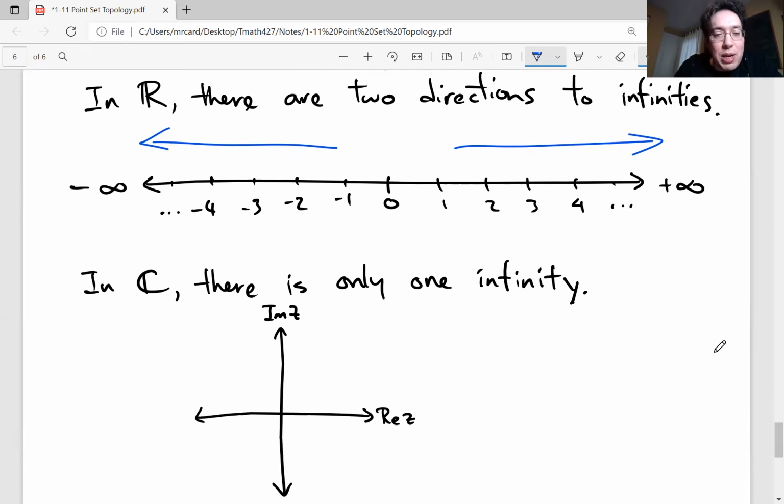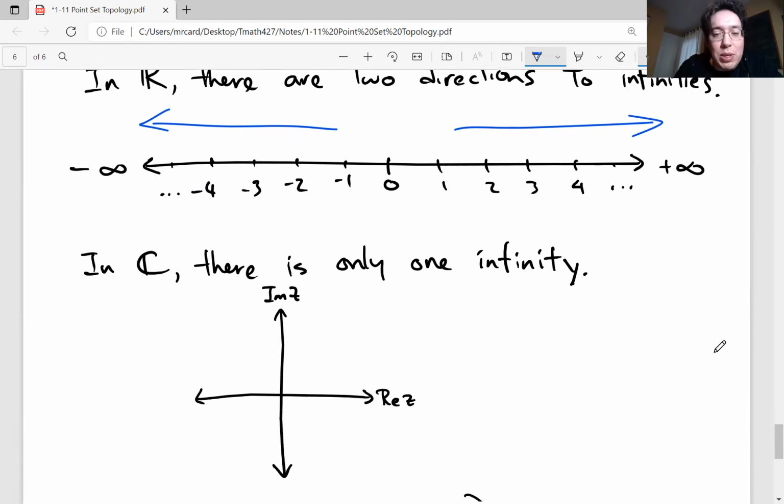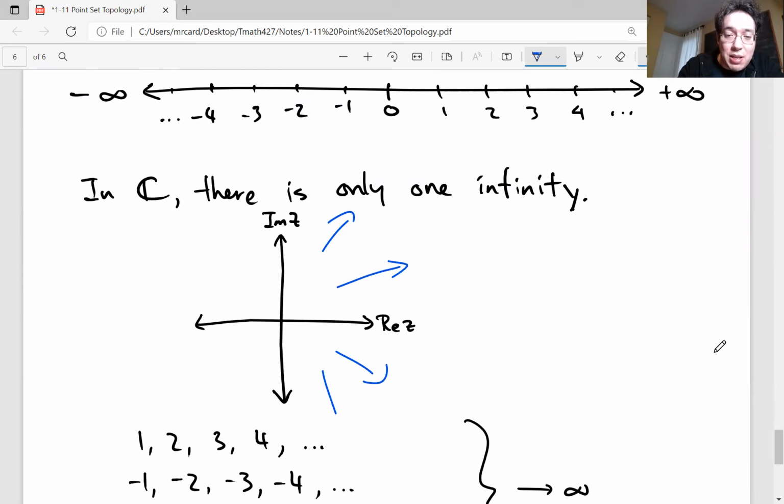You might wonder what's happening in the complex plane, because in some sense, infinity is in any direction, right? So are there infinitely many different infinities? Or what do we have here?